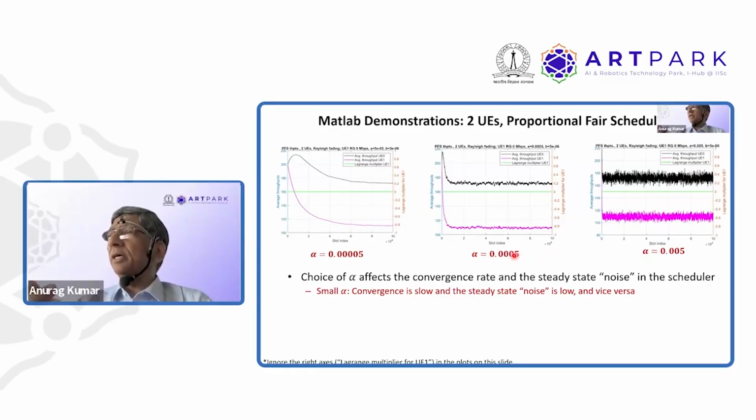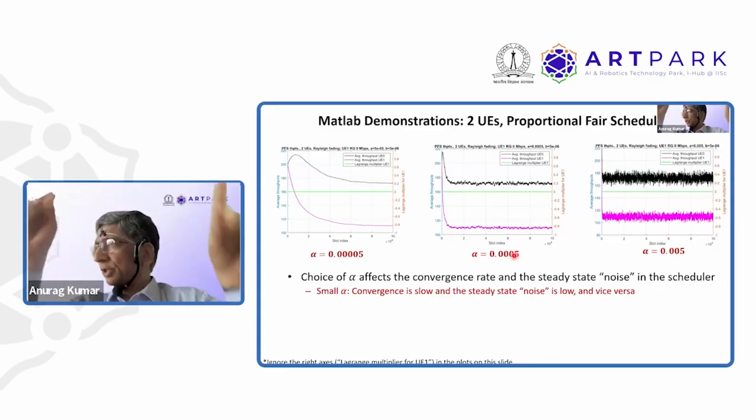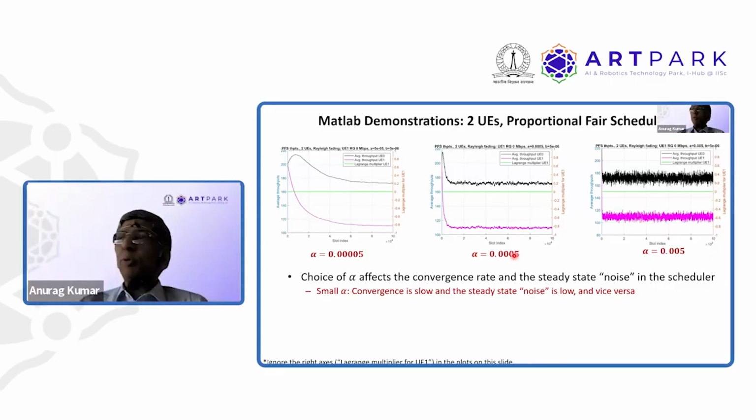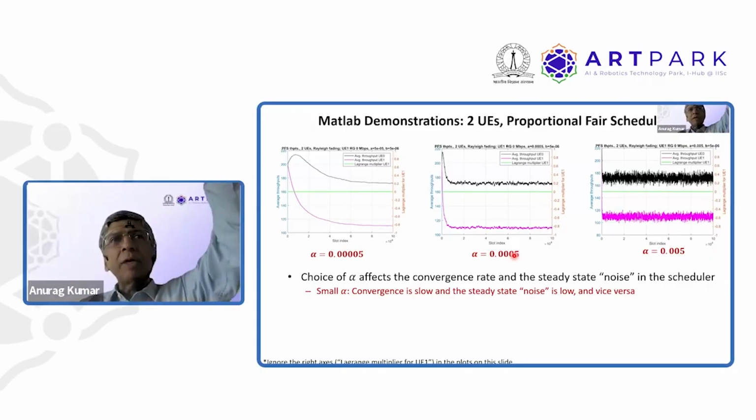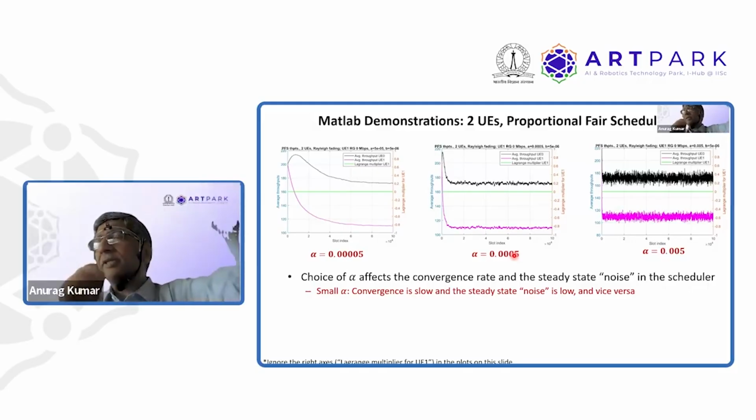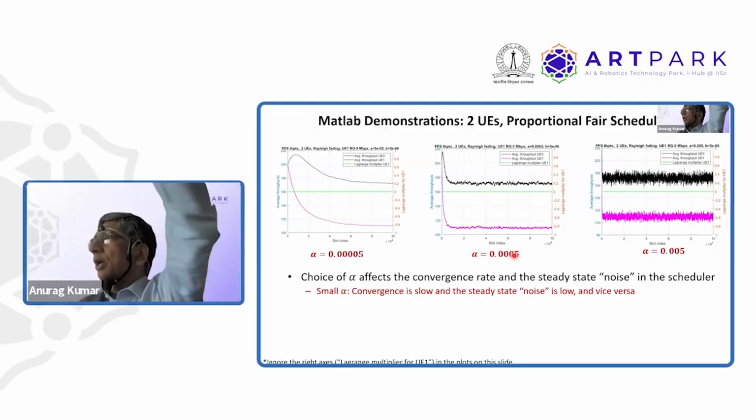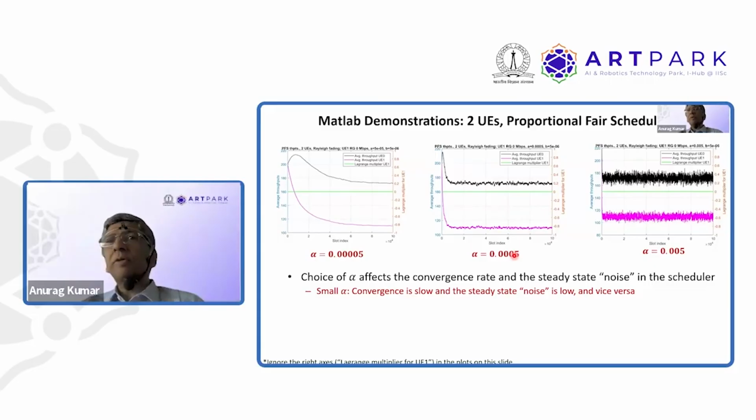The alpha given by 3GPP in the 5QI tables is 0.0005. Because in the 5QI table, if you remember, there was a column, the averaging window, 2000. That translates into 0.0005. So for small alpha, convergence is slow, steady state noise is low, and vice versa.